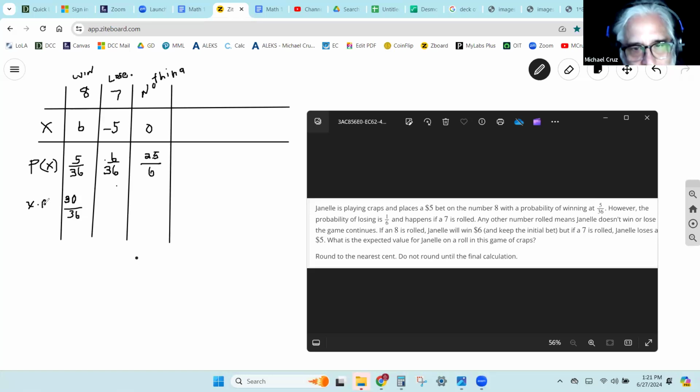So this is X times P(X), probability of X. So 6 times 5 is 30 over 36, because this is over 1. And then this is negative 30. So this is going to be a break-even game. And of course, this is 0.